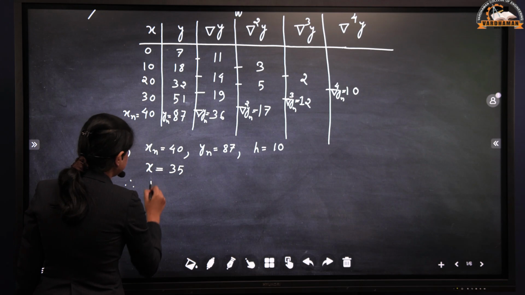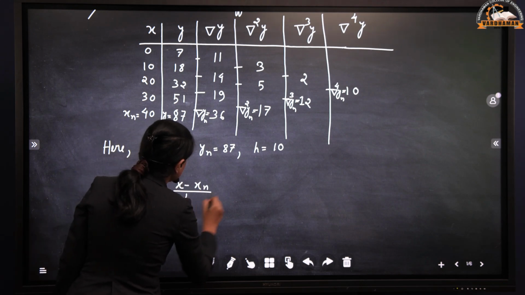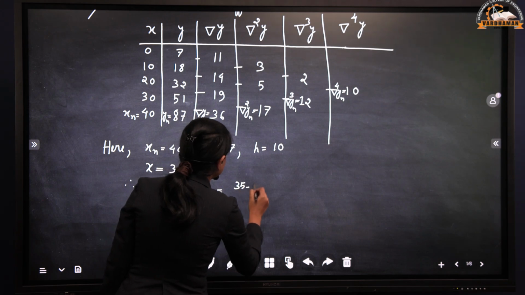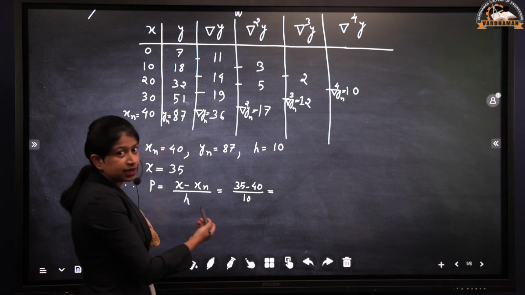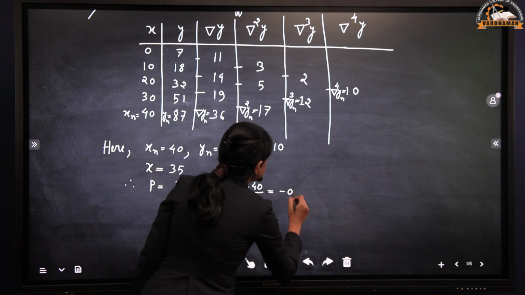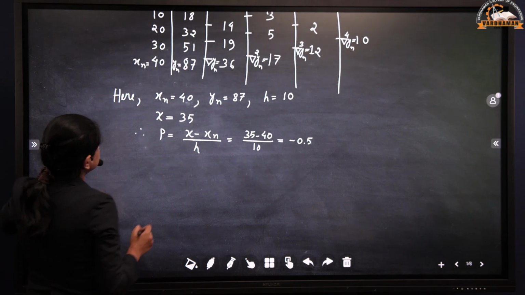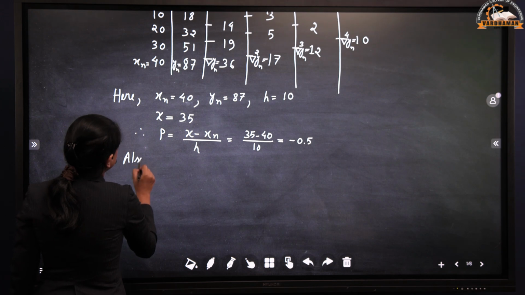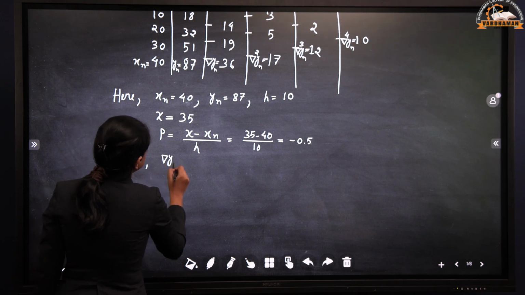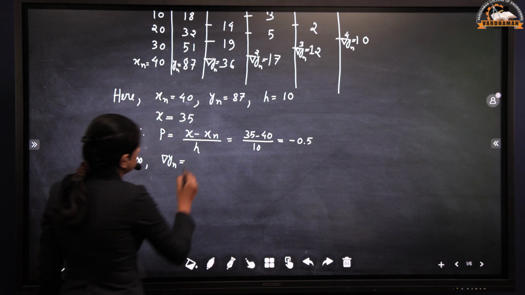Therefore, P will be x minus xn by h. X is 35 minus 40 by 10, minus 5 by 10. This is minus 0.5. And also first backward difference on yn is 36.